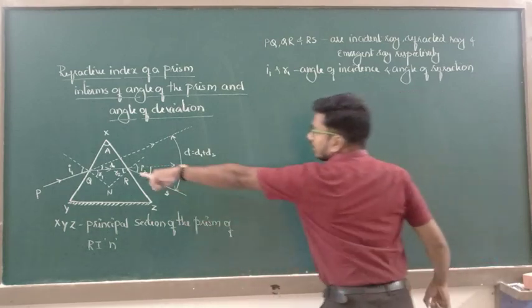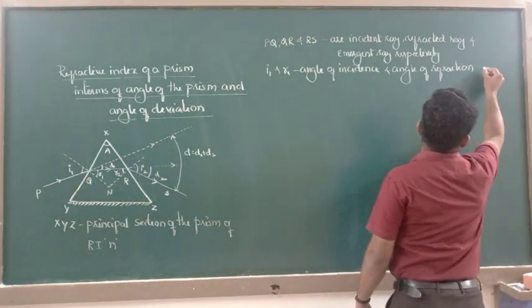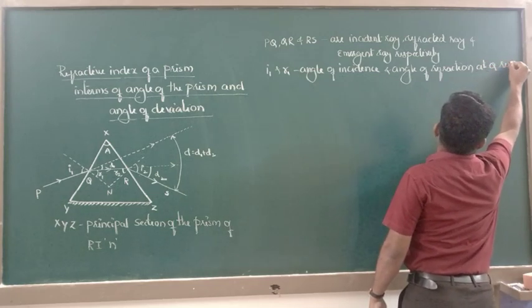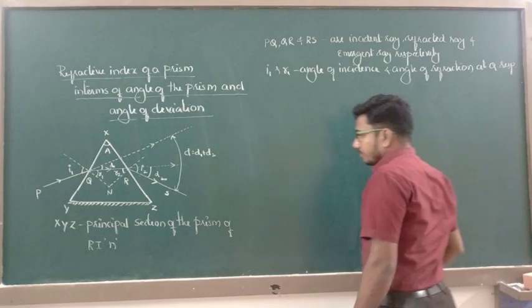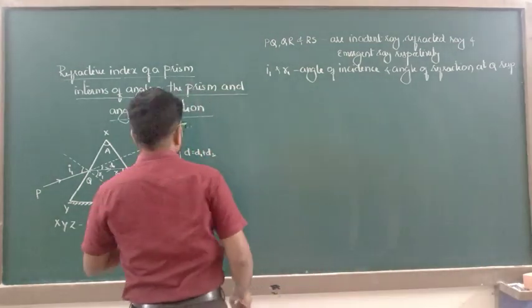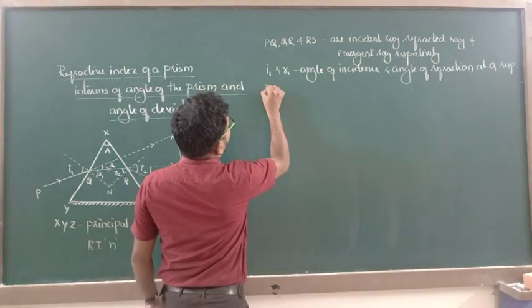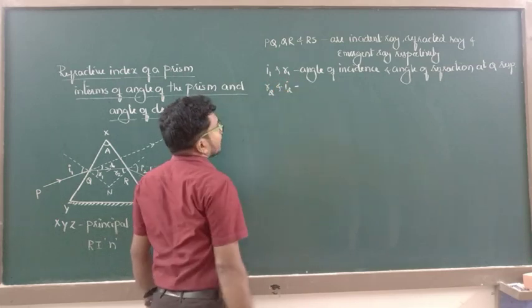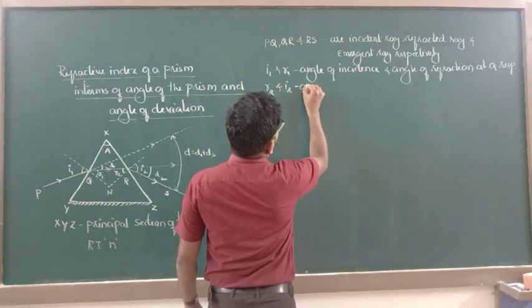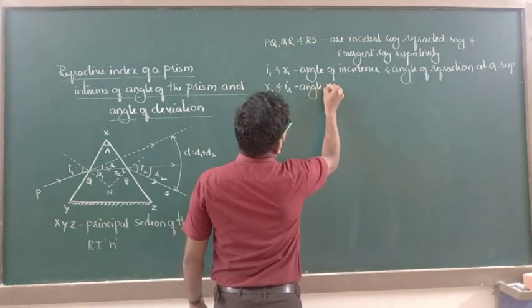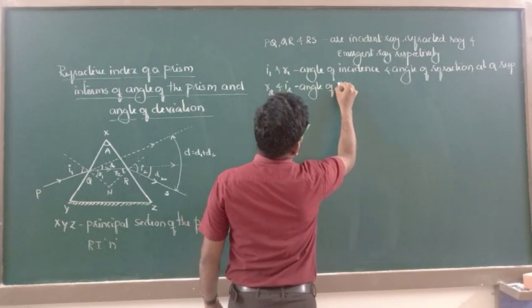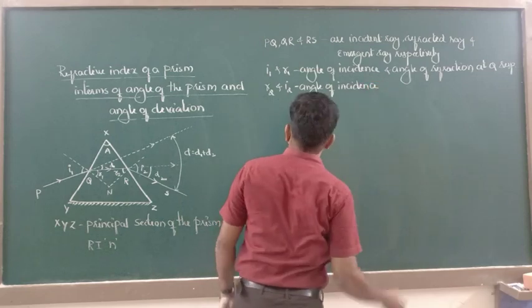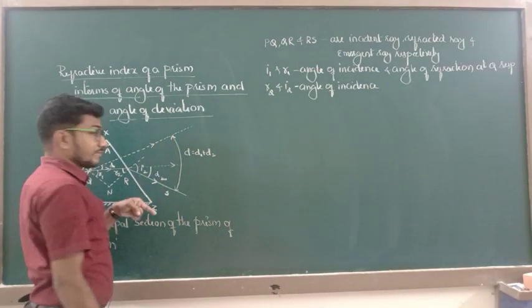Refraction at Q, respectively. R2, I2, R2 and I2. Angle of incidence here in this direction.